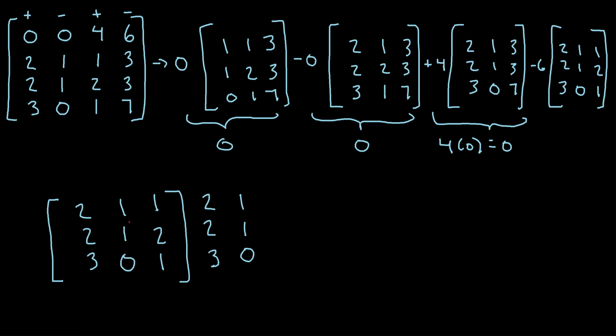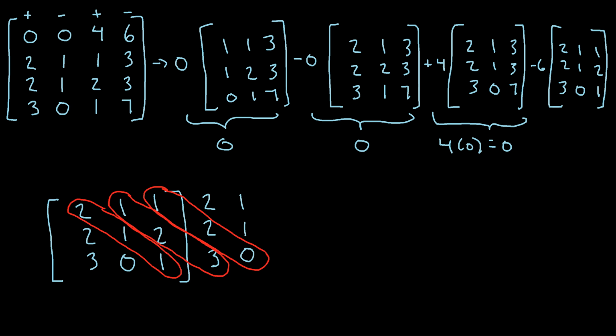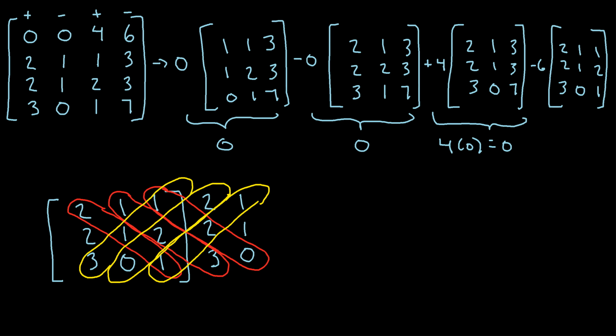And once again, we're going to identify the diagonals. So there's 3 diagonals. And then we'll identify the anti-diagonals. Okay, and we will multiply the values along the diagonals and add them together.